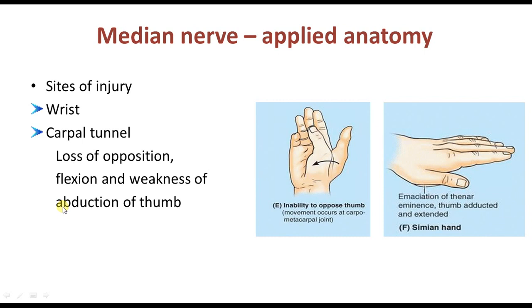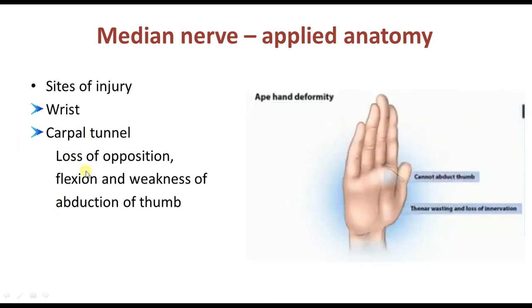So there is weakness of flexion and abduction of the thumb if there is an injury to the median nerve in the carpal tunnel. It also leads to ape thumb deformity. The thumb is adducted, extended and laterally rotated, like an ape. The thumb cannot be opposed and there will be wasting of the muscles.